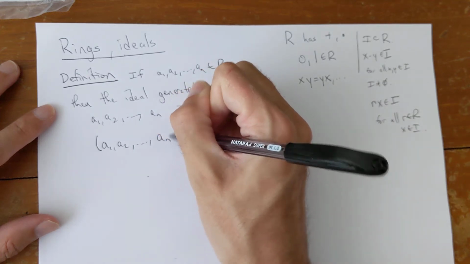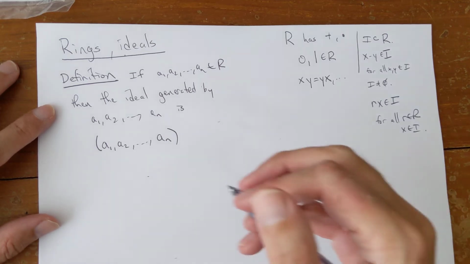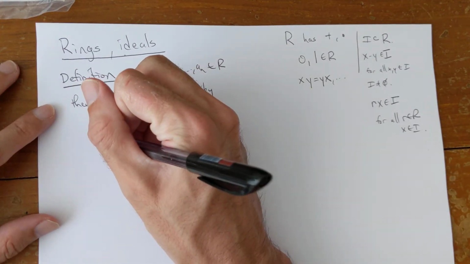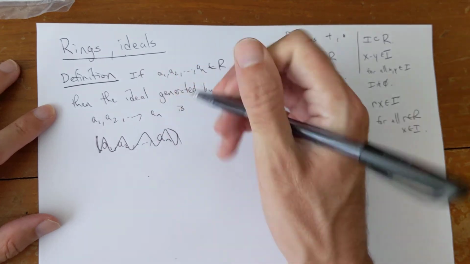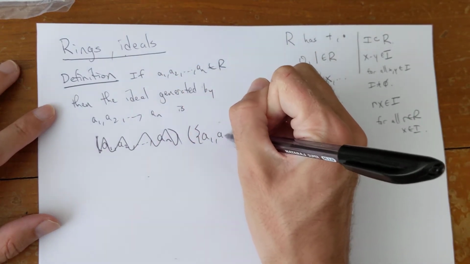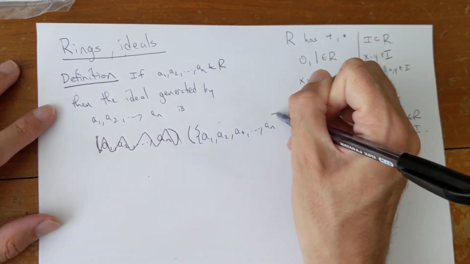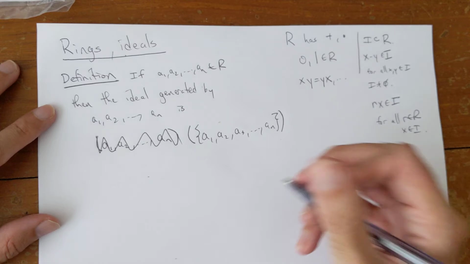It looks like a vector, but it's not. Maybe so I don't confuse things, I'll do the following notation: put round brackets around the set of all the ai's. Okay, and what is it?